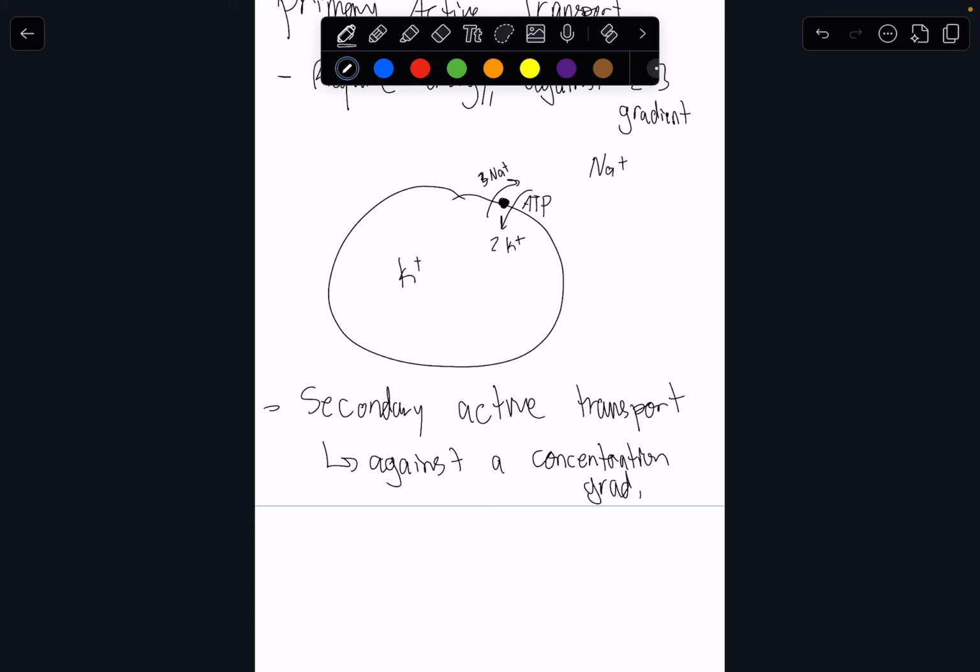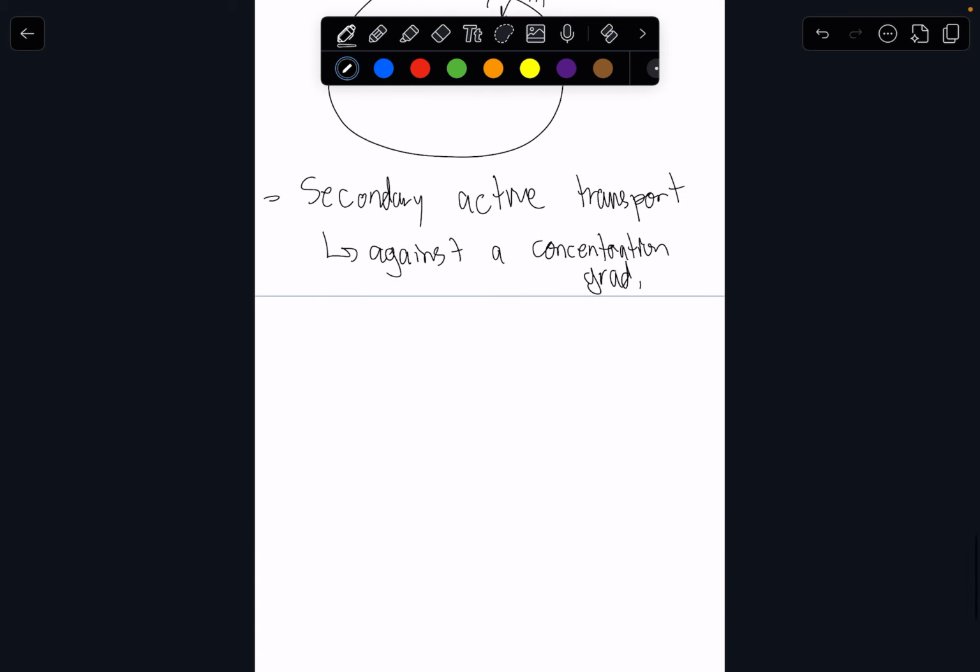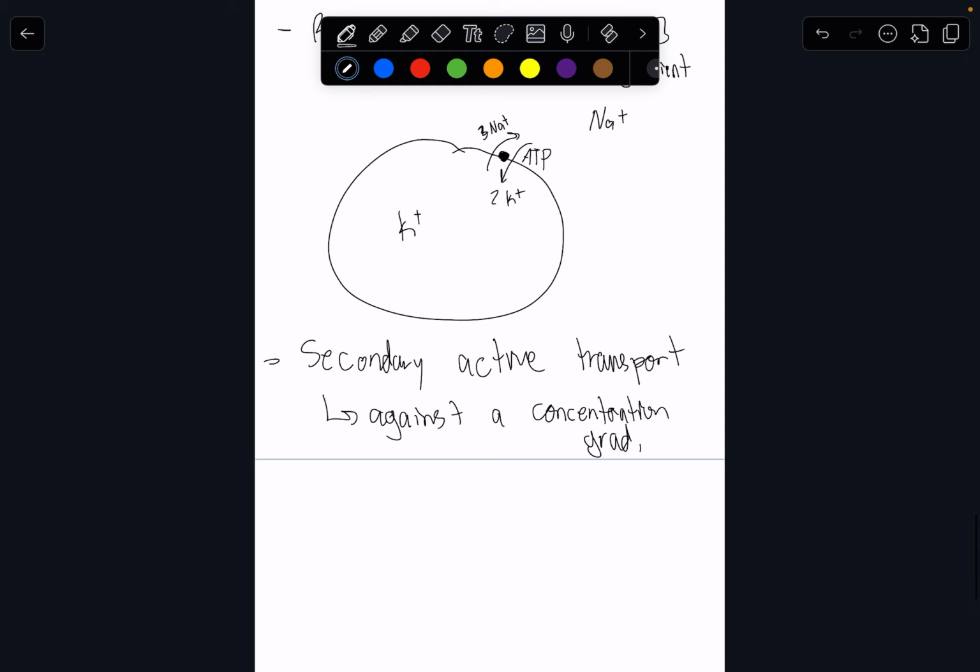And what this is doing is it's creating an even bigger concentration gradient. It's creating even more sodium on the outside than the inside of the cell, and the same thing with potassium on the inside of the cell than there is on the outside. So this is creating even more of a drive for the sodium to want to go inside the cell, right? Which was created by the use of ATP originally.